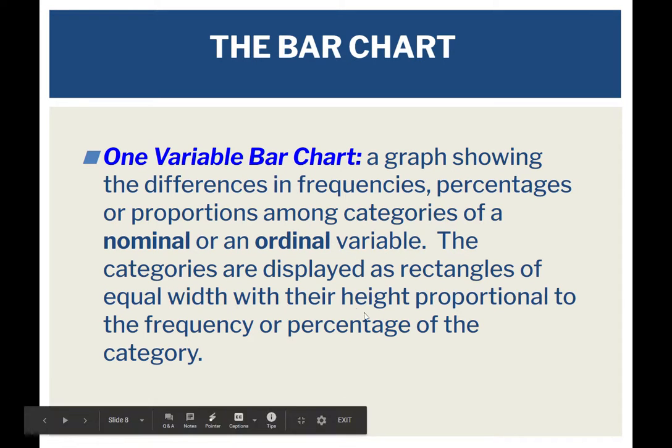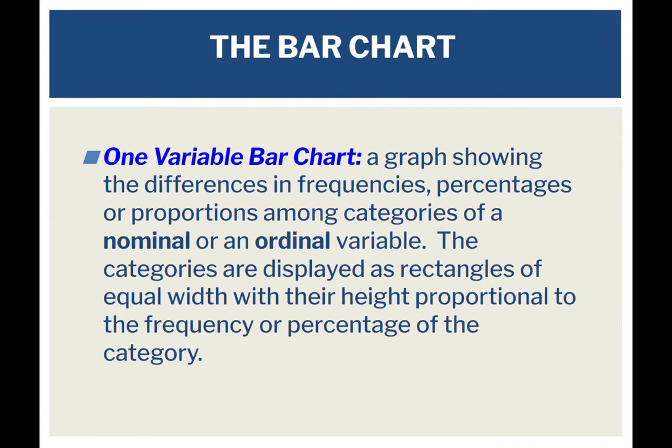I would encourage you to pay attention to which type of variables you can use for which chart. So I may give you a question like, with an interval ratio variable, which of the following types of graphs and charts would I not be able to use?